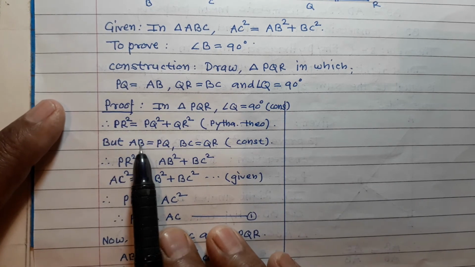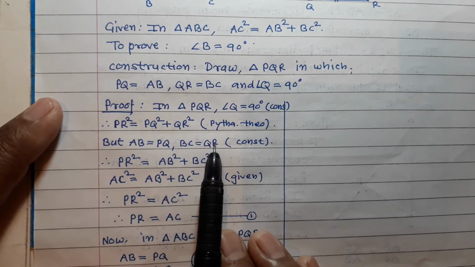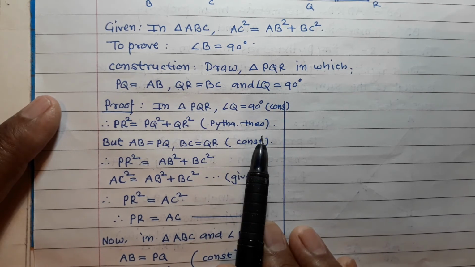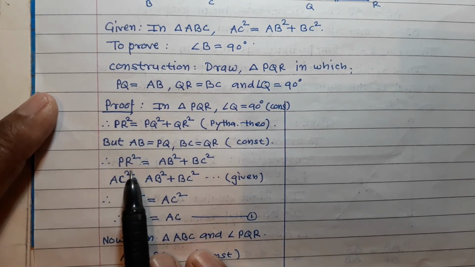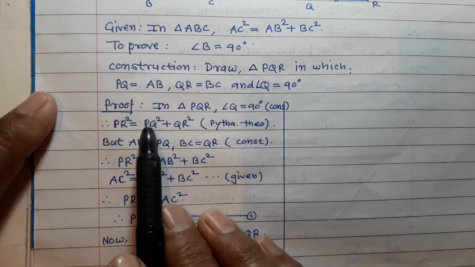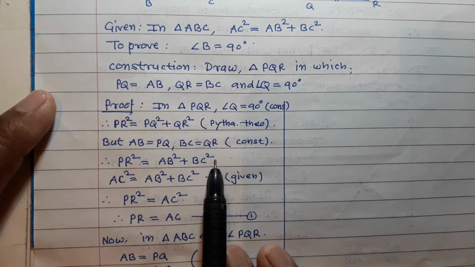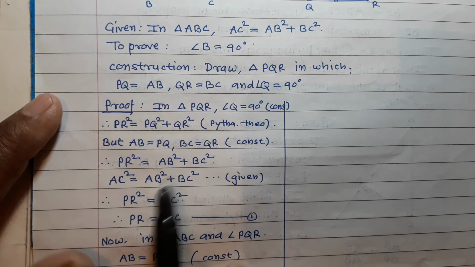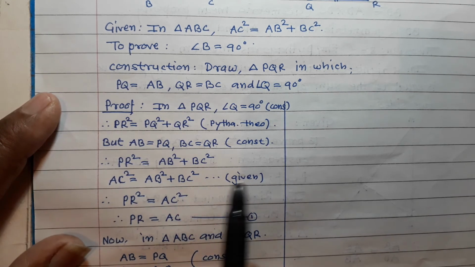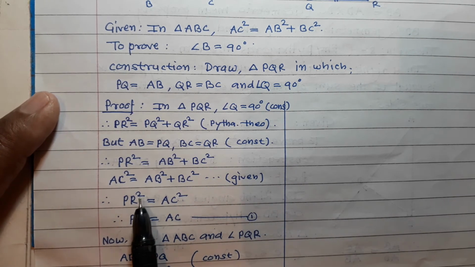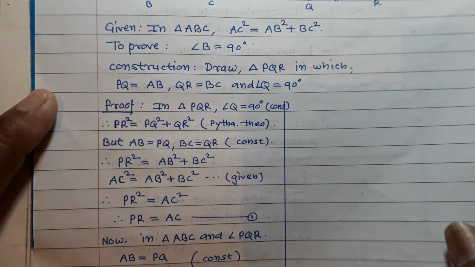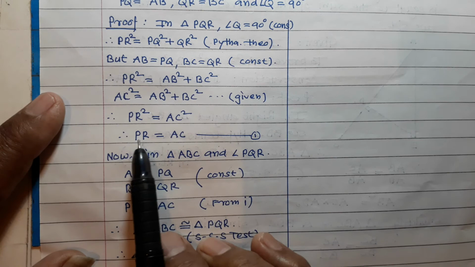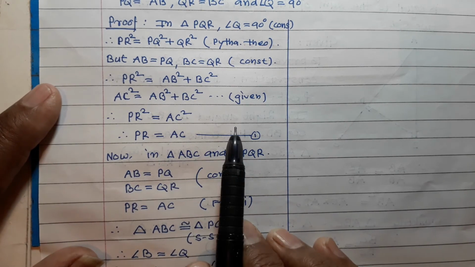But AB is equal to PQ and BC is equal to QR, construction, and therefore PR square is equal to AB square plus BC square. But AB square plus BC square is equal to AC square, given, and therefore PR square is equal to AC square, and therefore PR is equal to AC.